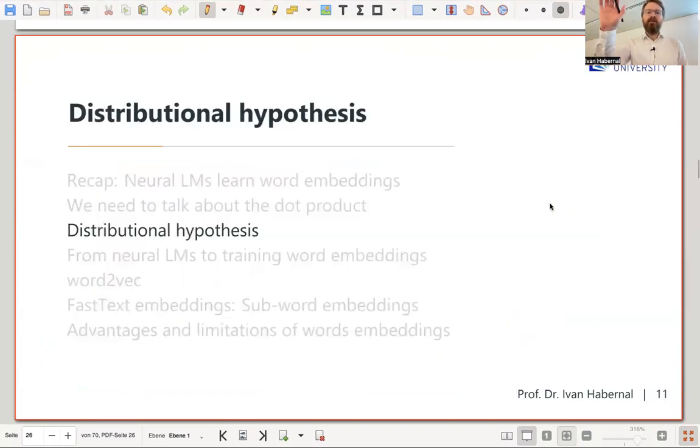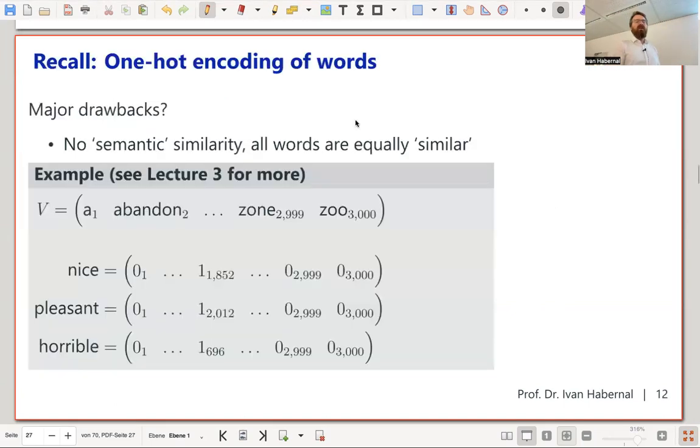Anyway, all right, so this was trigonometry, algebra 101, Friday morning, to warm up a little bit, and now we're coming back to NLP, back to words. We're going to be talking about the distributional hypothesis. We tackled it already a little bit when we were talking about one-hot encoding. So recall the one-hot encoding of words.